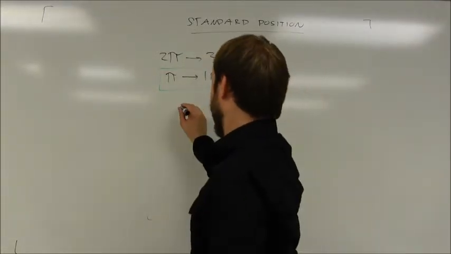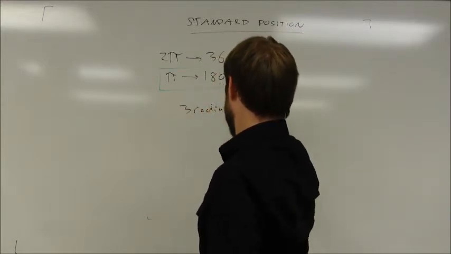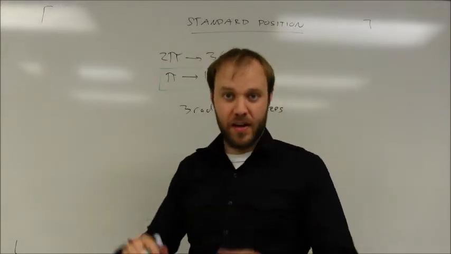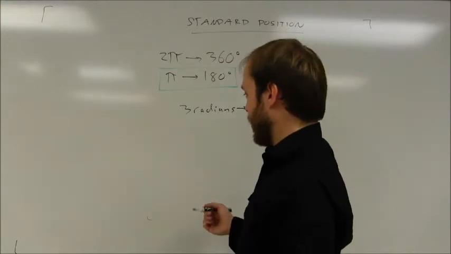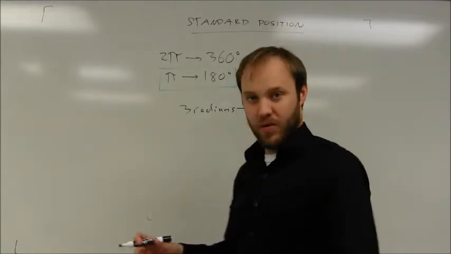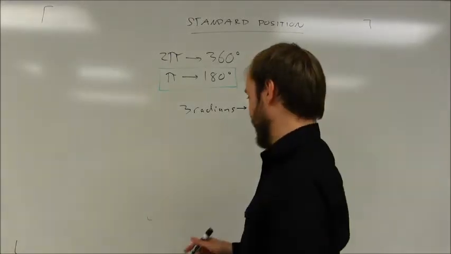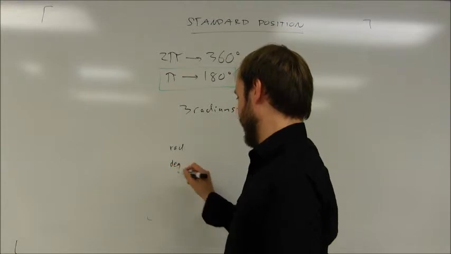So for example, if I want to know what 3 radians converts to in degrees, notice 3, not 3 pi, so it's not 3 times 180. I can always do a part to whole comparison. Or I guess in this case it's not really a part to whole, it's a direct conversion between radians and degrees.